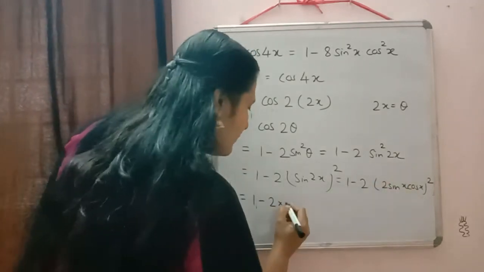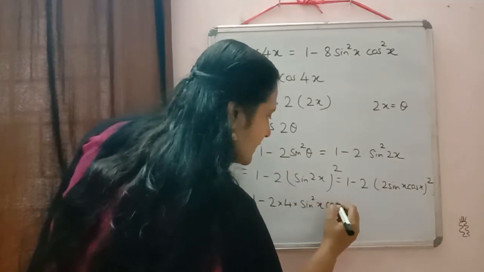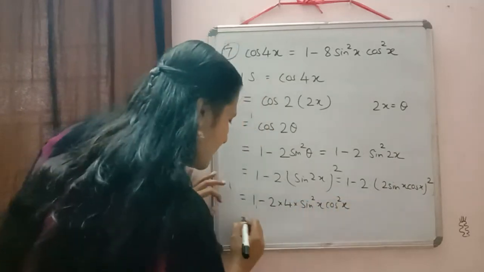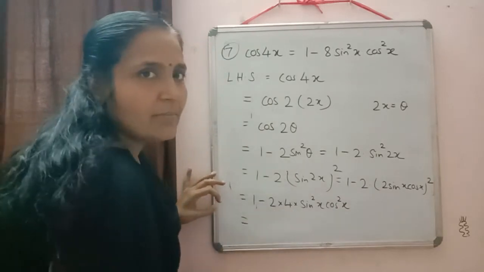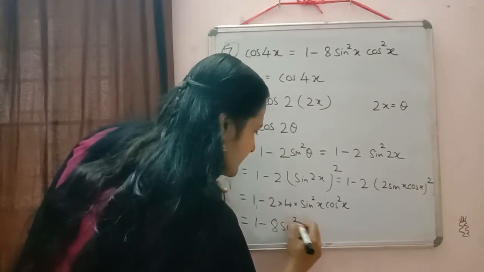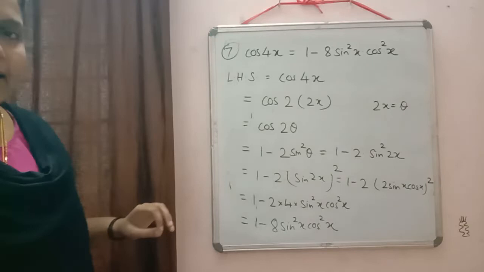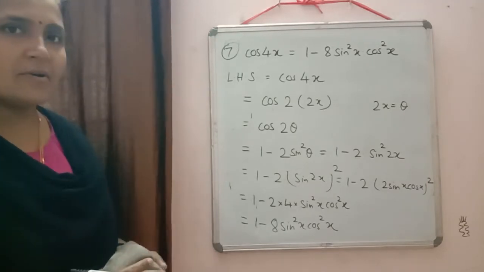So 2 square will be equal to 4. Then we will have sin square x and then cos square x. So 2 into 4 will be equal to 8. So we are getting here 1 minus 8 sin square x into cos square x. So I hope this question is clear to you.